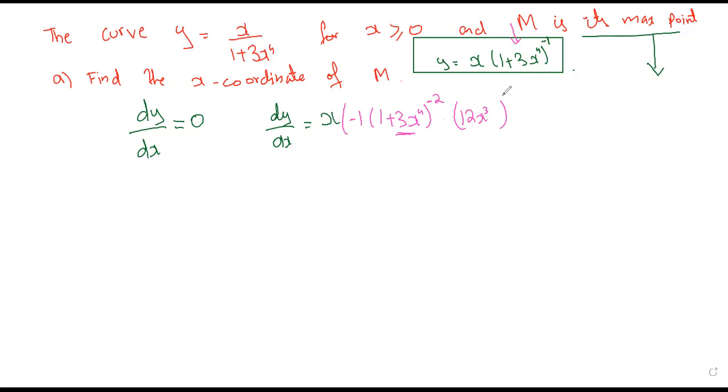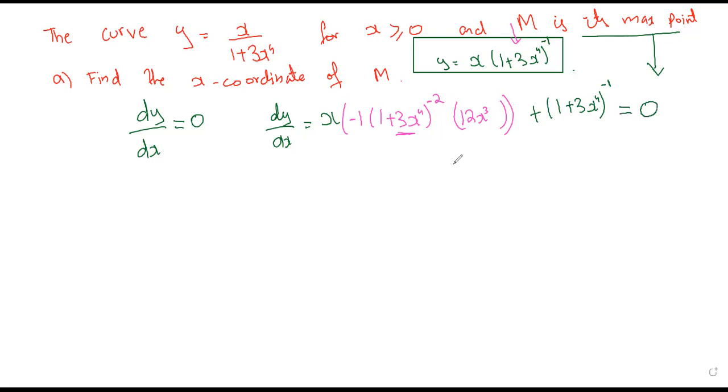Do you agree? Yes. Okay, plus the second function, 1 plus 3x to the power 4, times the derivative of x, which is 1. Okay, and this should be equal to 0.